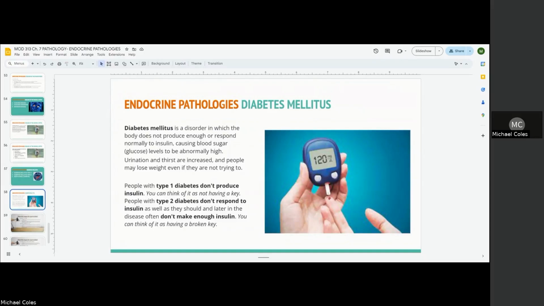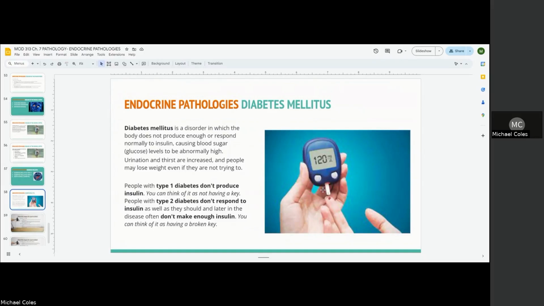But then type 2 is, you earn type 2 from lifestyle, right? So having a poor lifestyle, eating too much sugar, not taking care of yourself, your pancreas works so hard, just like your kidneys before, it works so hard that it says, you know what, I can't do this anymore, I'm too taxed, so it doesn't respond to insulin. So then you have to actually take insulin injections, right?